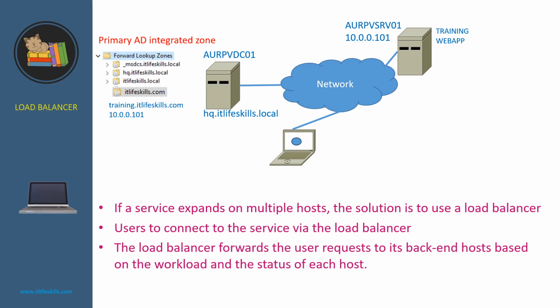When the client queries the DNS server, it will get the IP address of server 1 for chaining.itlifeskills.com, and the client will access the chaining web app on server 1. Everything looks good.